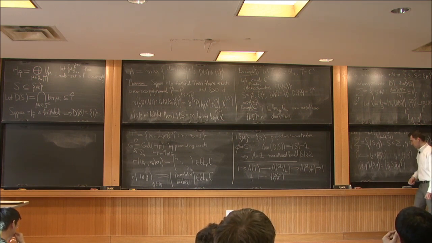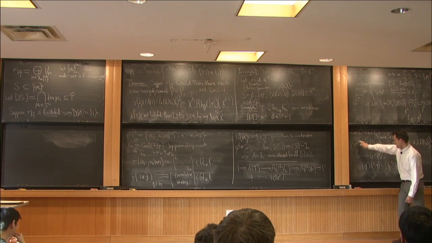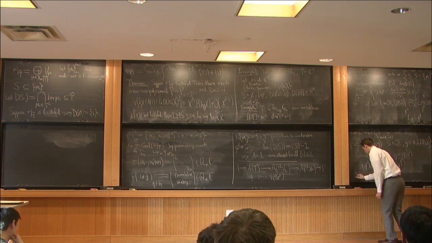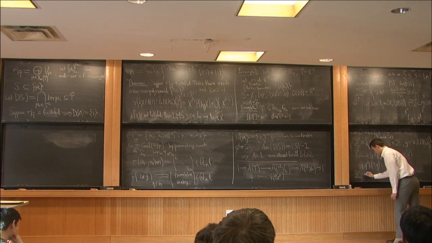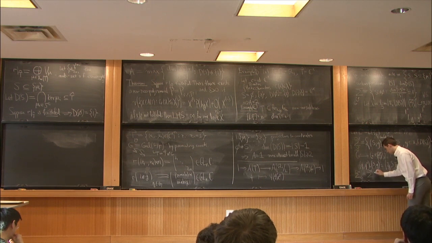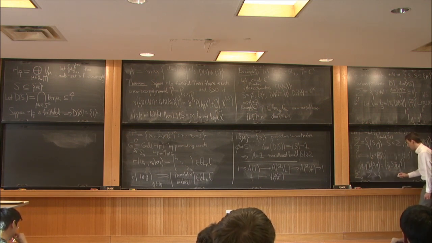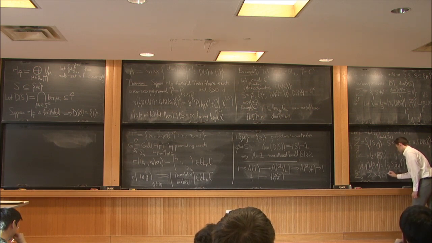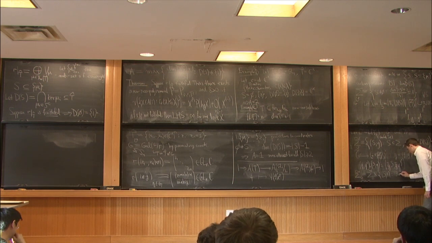OK, so I have to edit this set one more time. So I'm going to take sigma tilde, and I'll put a 0 here. This is just the whole set sigma tilde, delete this subset, which is fixed under this G tilde action. So it's the set of pairs S comma 1, such that the dimension of D of S is equal to 0.